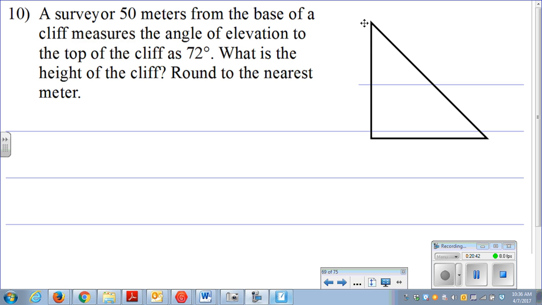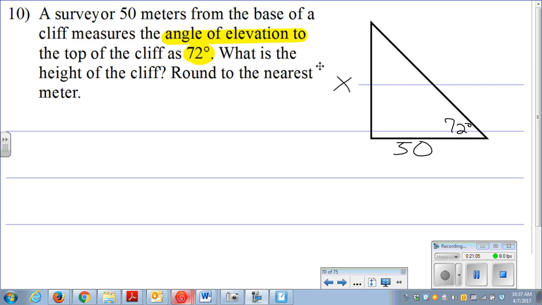If this is your cliff going here, 50 meters will be this way. So he'll be here, and he's looking up with an angle of elevation of 72 degrees. With the angle of elevation being 72 degrees, they want to know how high up the cliff is.